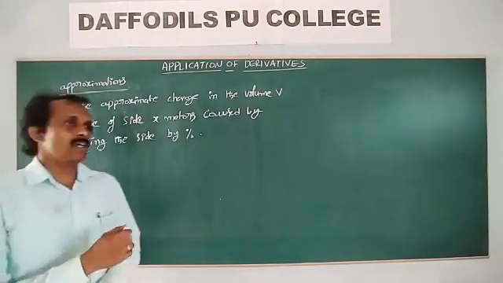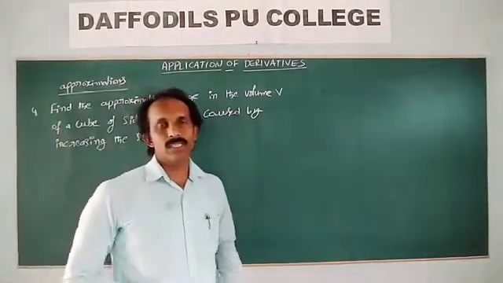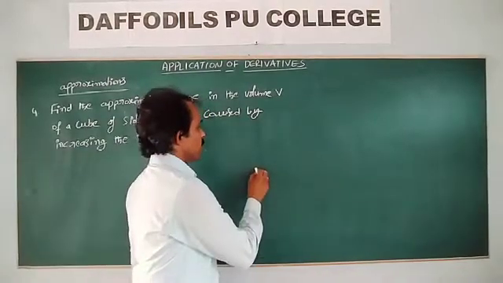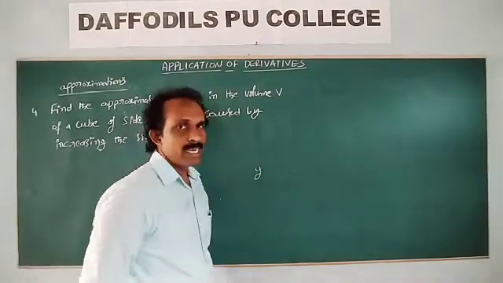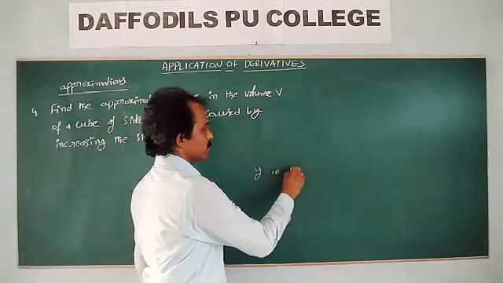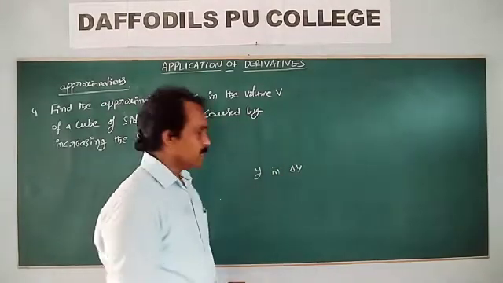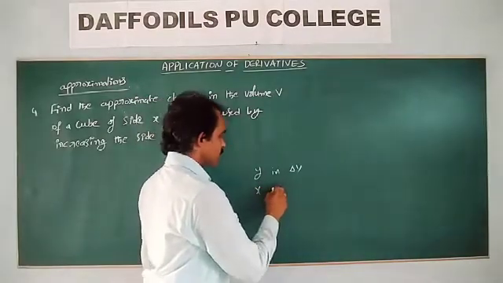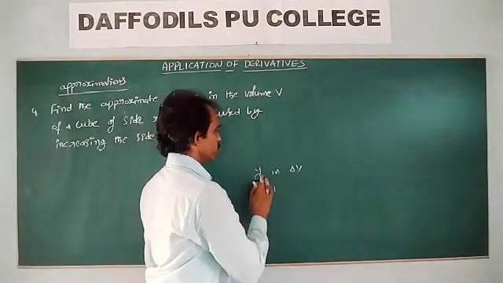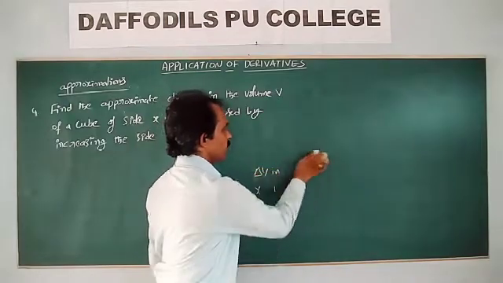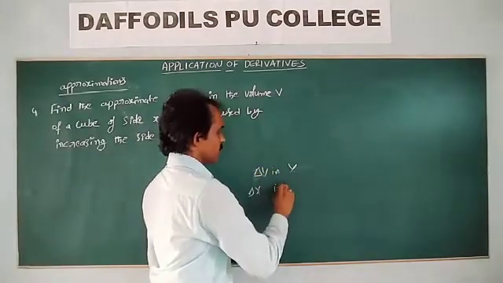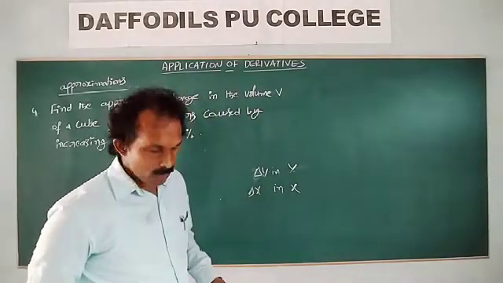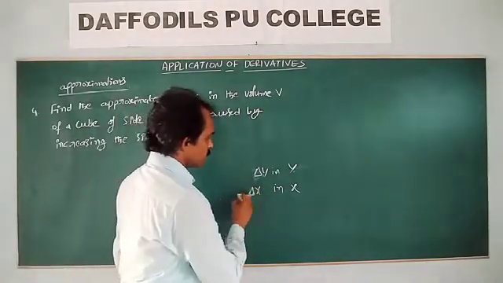Approximate change, we discussed, that is nothing but delta y. Suppose change in y, increment in y is nothing but delta y. A small change, small increment in x, delta x, is delta y in y, delta x in x.